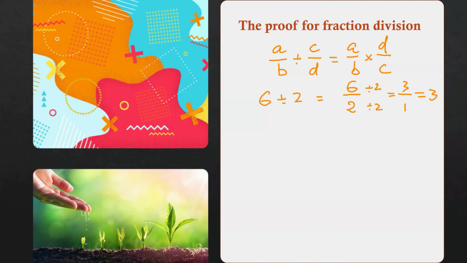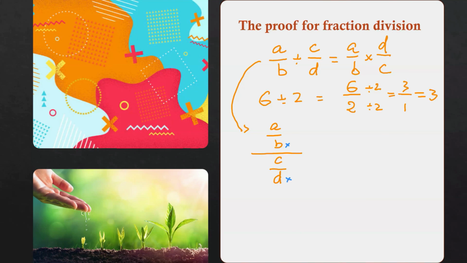Okay, using this same idea, we can rewrite the division of fractions as a over b over c over d. Now, the idea here is that we will try to get rid of the denominator of each of the fractions. So we want to get rid of the b and we want to get rid of the d.